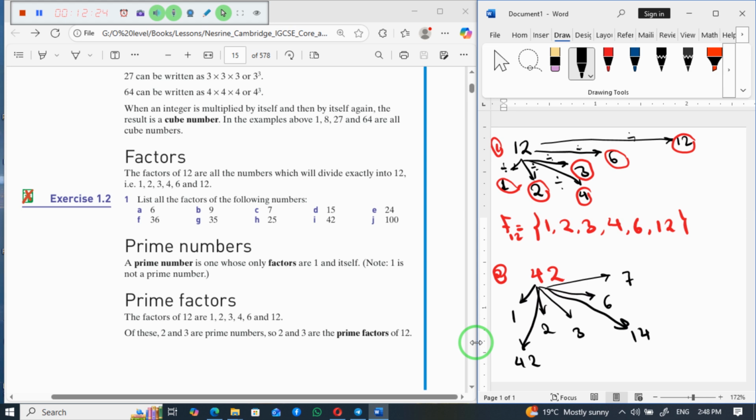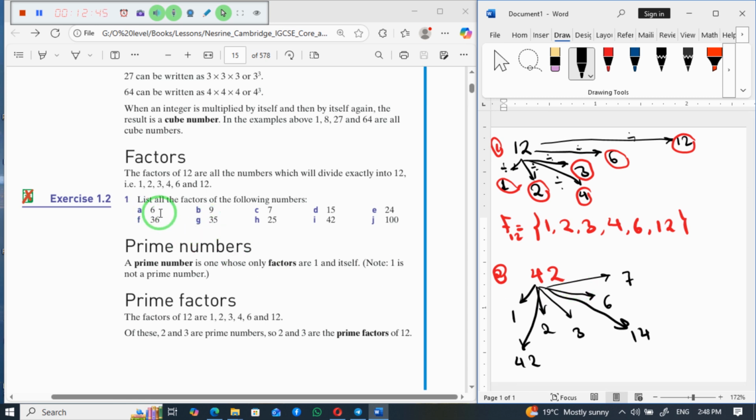These numbers are the factors of 42 because 42 is divisible by 1, 2, 3, 6, 7, 14, and 42.